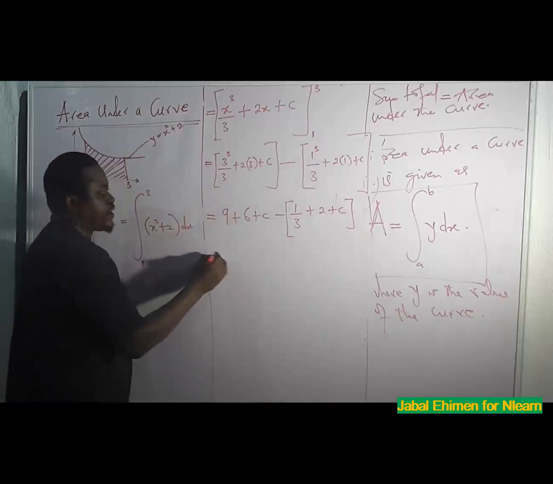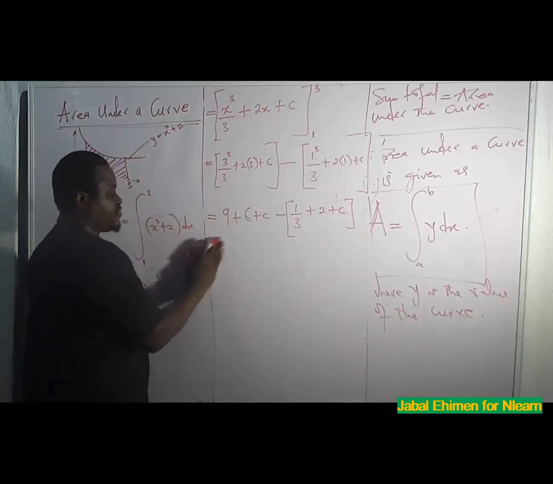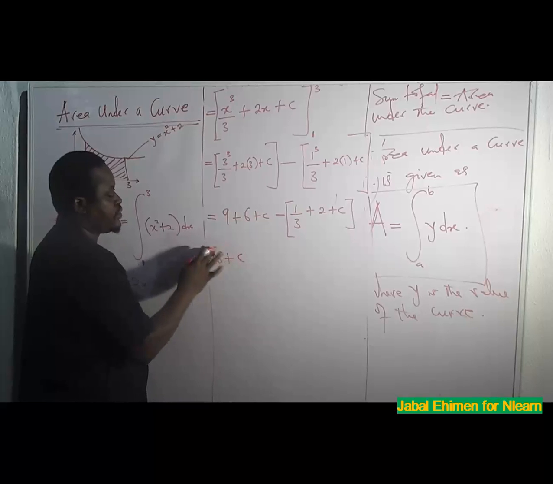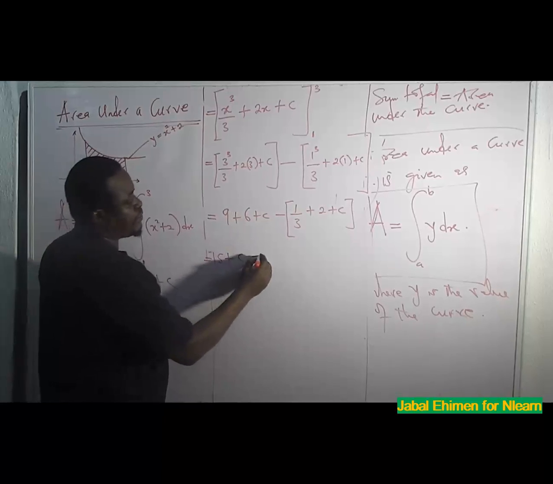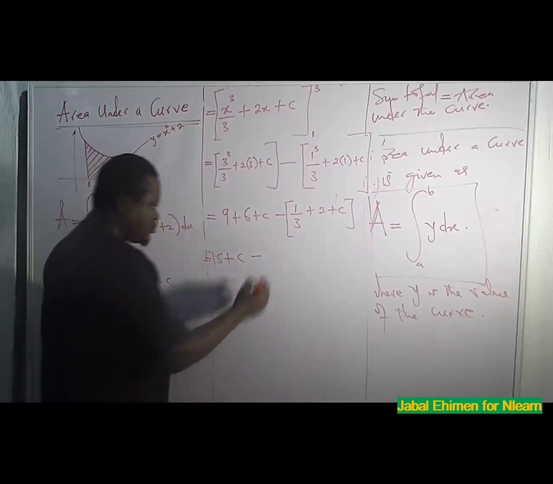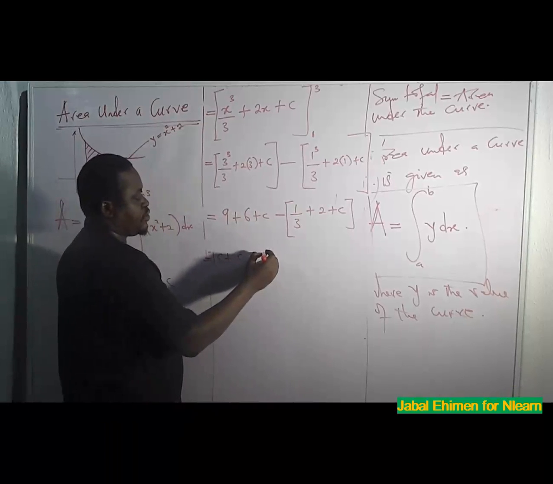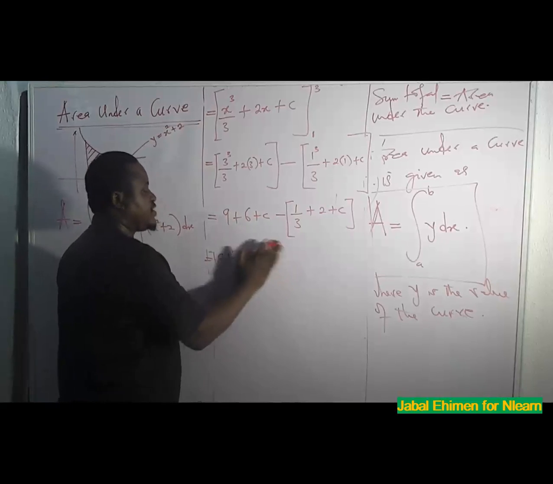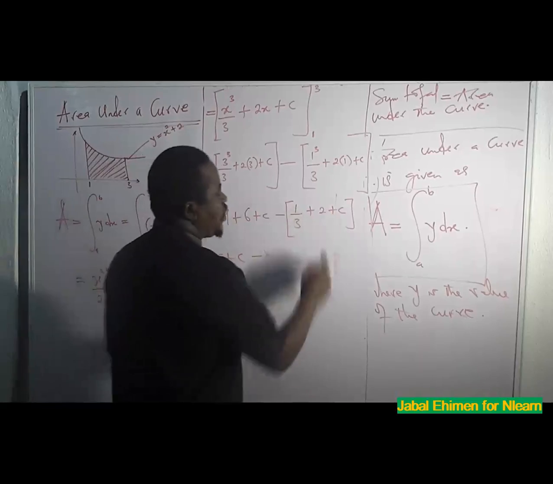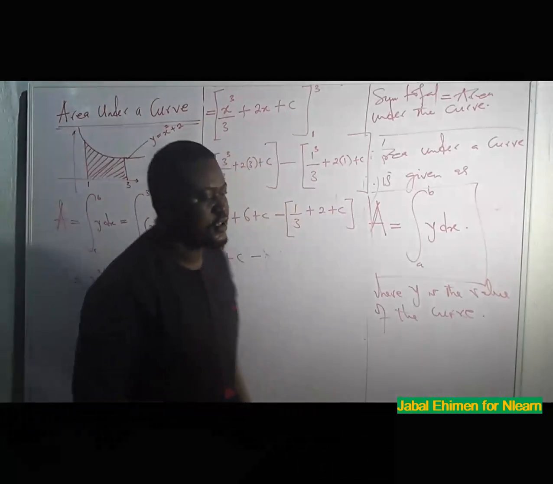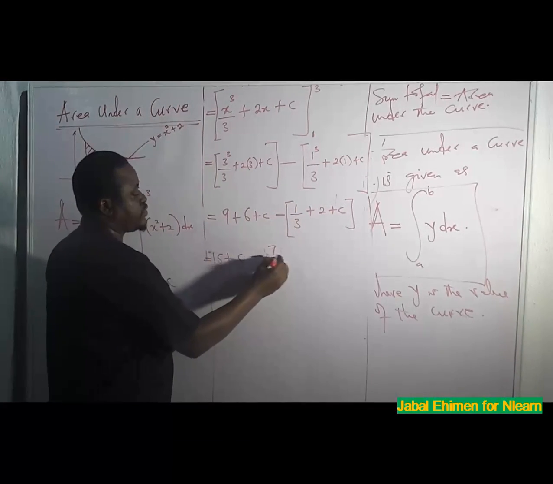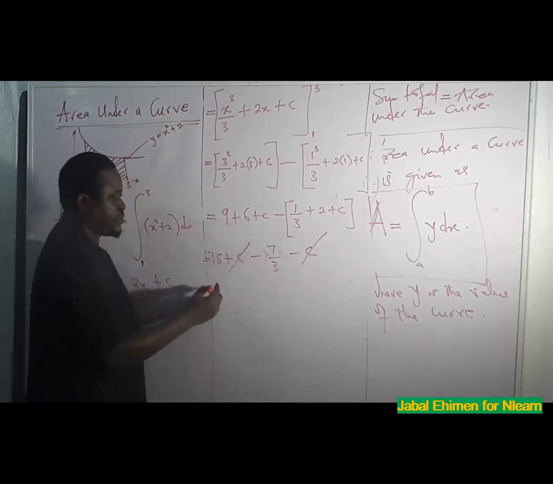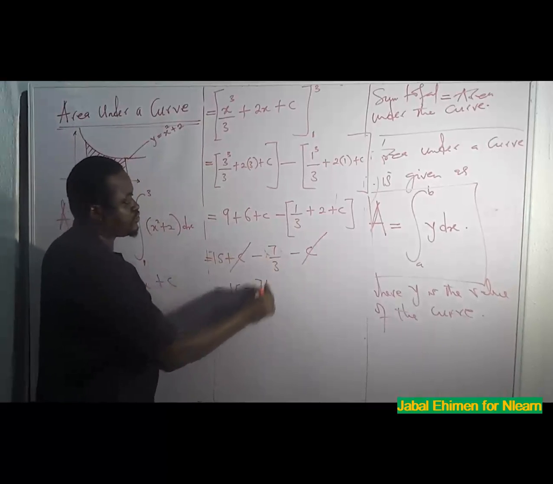When you open this bracket, you have 9 plus 6, which is 15, so 15 plus c, minus the value of 1 over 3 and 2. 3 times 2 is 6, plus 1, that is 7 over 3, so 7 over 3 plus c. The c cancels c and disappears. That becomes 15 minus 7 over 3.